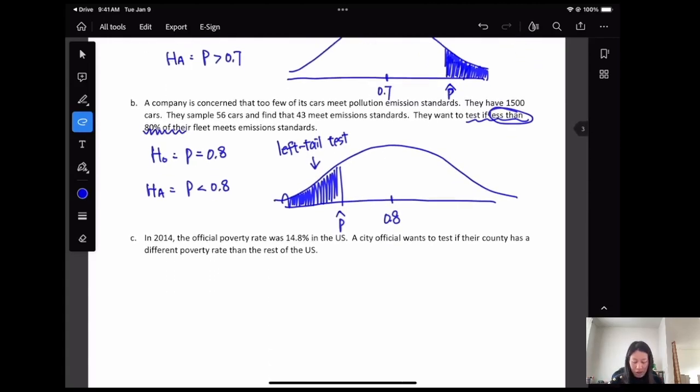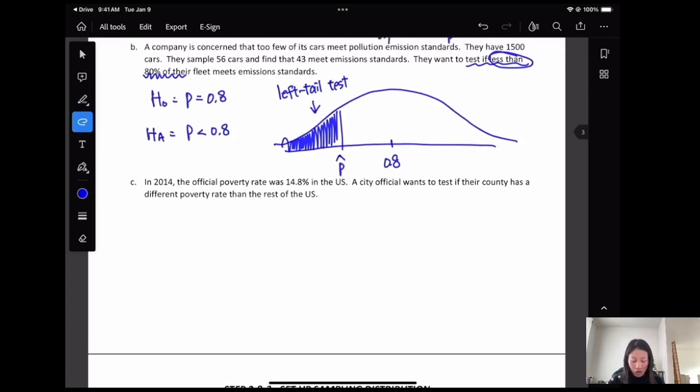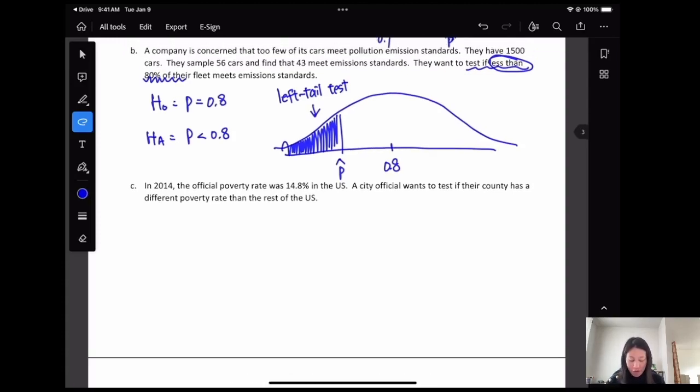Okay, next one. In 2014, the official poverty rate was 14.8% in the US, and a city official wants to test if the county has a different poverty rate than the rest of the US.